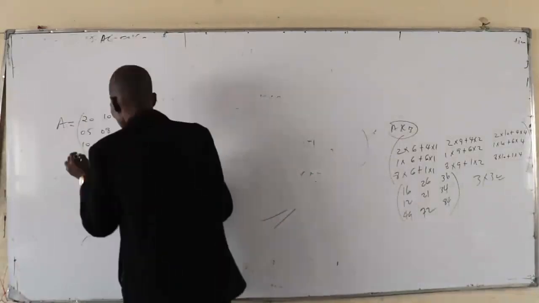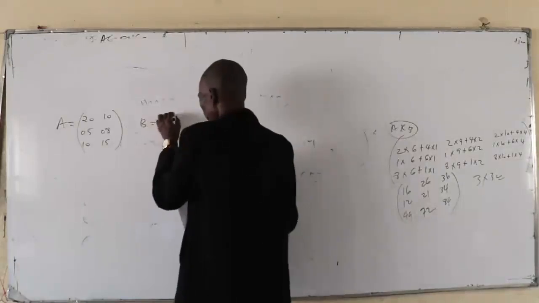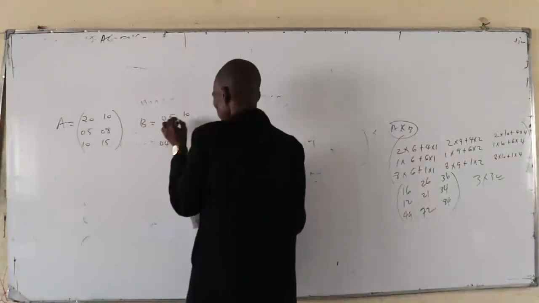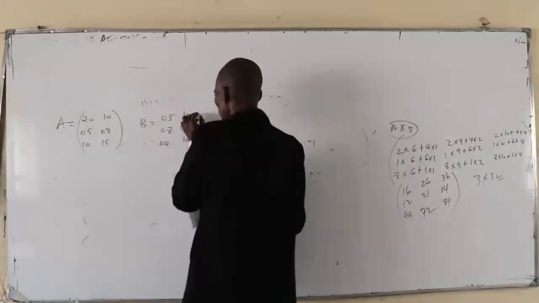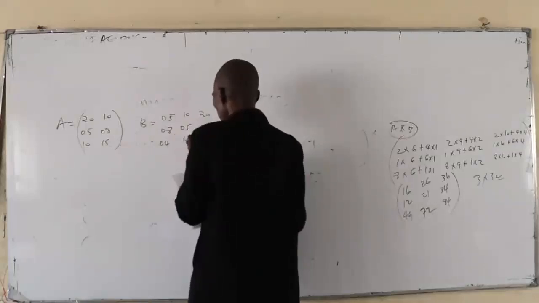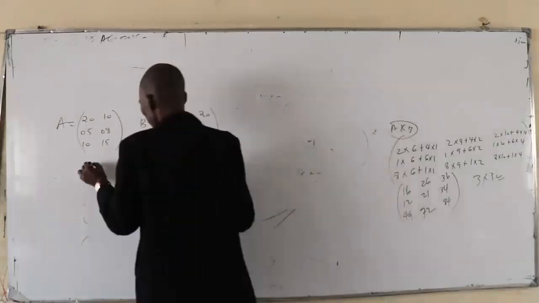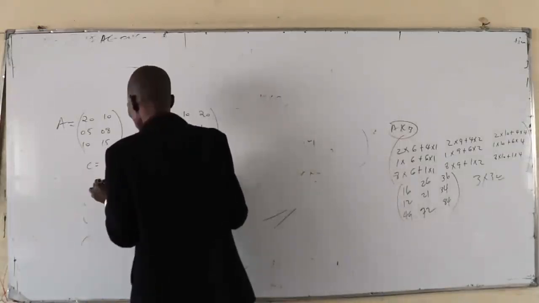And then B, you have been given to be 0.5, 0.8, 0.4, 10, 0.5, 10, 20, 10, 0.3. Then C, you've been given to be 10, 0.5, 20, 10, 0.8, 10.